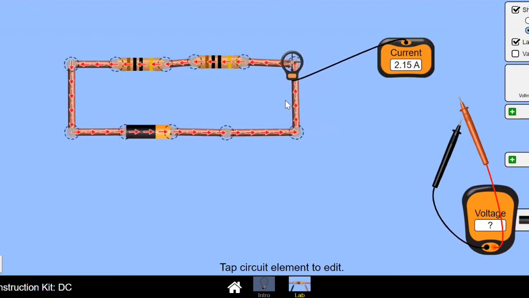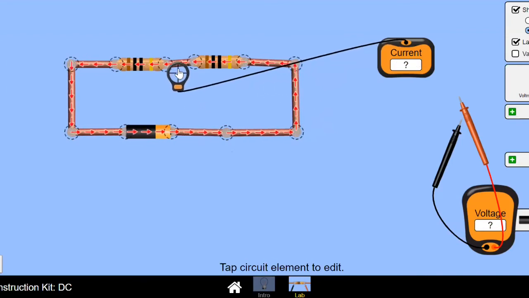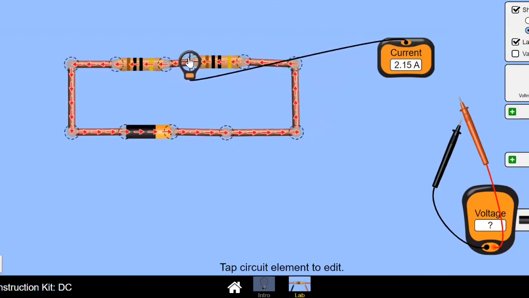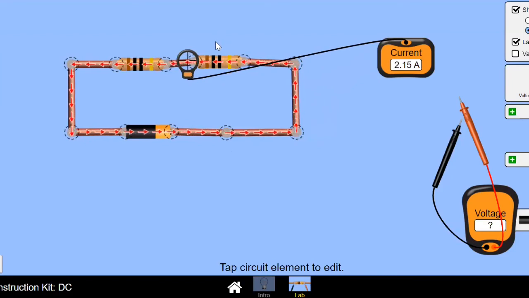Then I put it here in this junction. That goes here 2.15. And then it goes through resistor number 1. And I want to put it here, the other side to see. Okay, 2.15. So it means the total current going through resistor number 1, so I1 is equal total current.